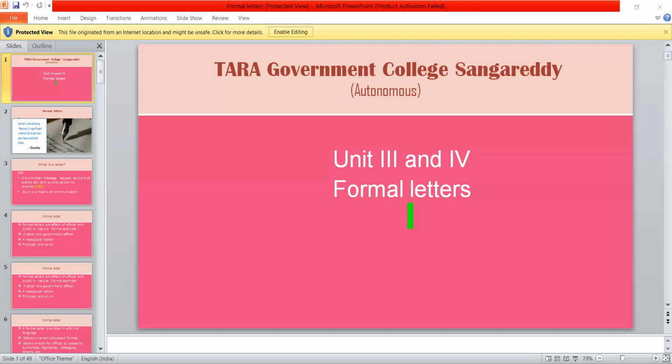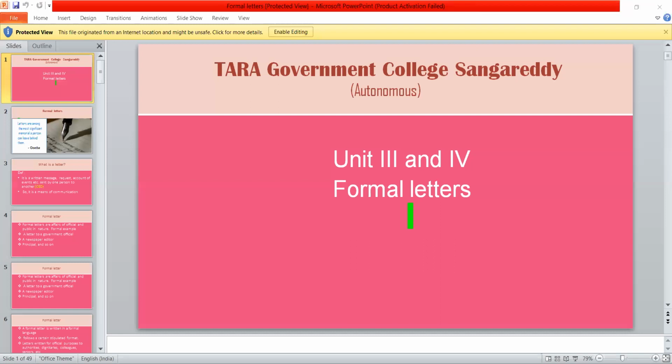Okay. Then let us see format of a formal letter. This is the format. Take the copy of it one. Then see it, how it is going to work. Reference number, because if there is a big organization, it will have its own reference number, and sometimes the sender's address will be already written on it.